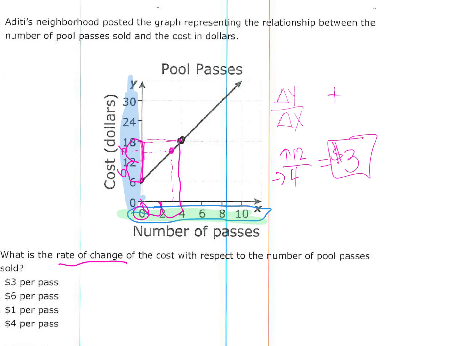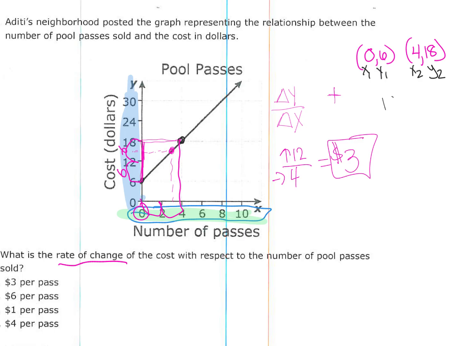Each pass was $3. Now I could have also done this instead of using my slope triangle. I could have written the ordered pairs. So still choose 2 points. Here's my first point of my (0, 6). My second point of my (4, 18). And just like we did with our table, I can label both points x1, y1, x2, y2, and plug them into my slope formula.